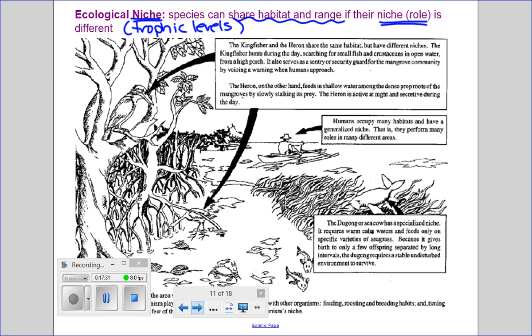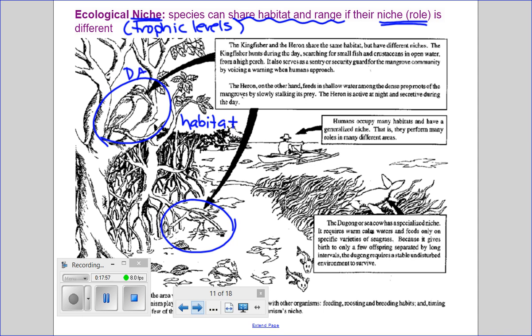So in this big picture, I have a few examples. Here is a bird, and here is another bird. They are both birds. They live in the same habitat. So they need the same set of conditions, the same set of biotic and abiotic conditions, but there is a big difference.